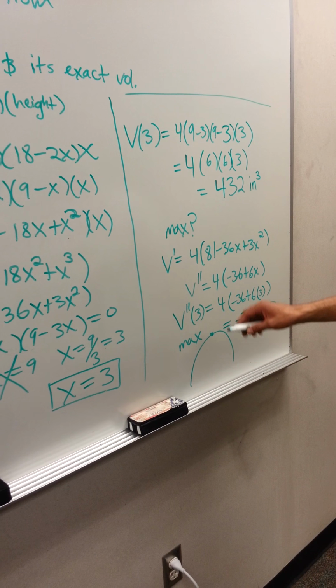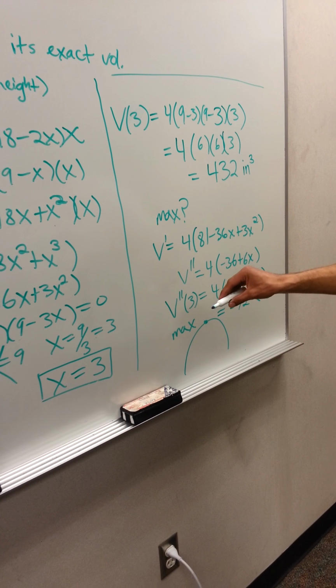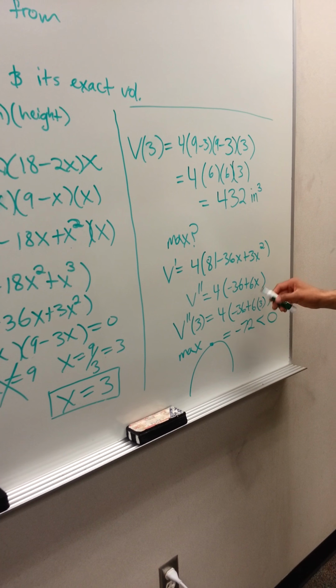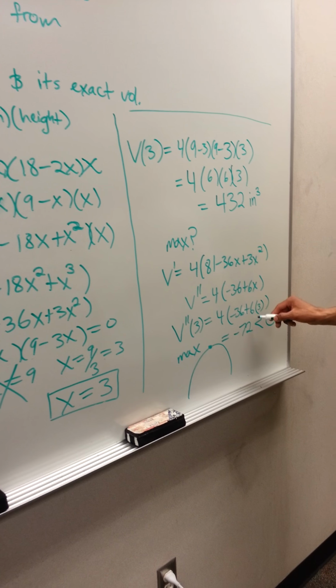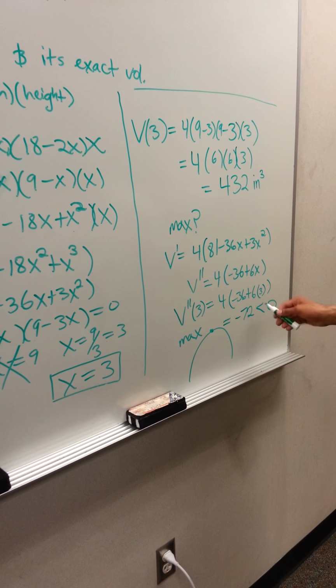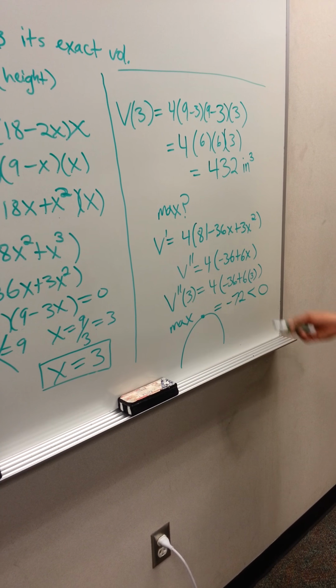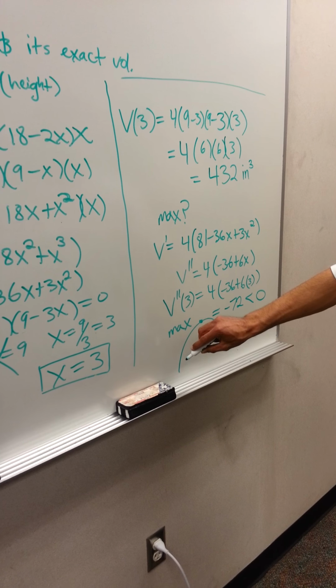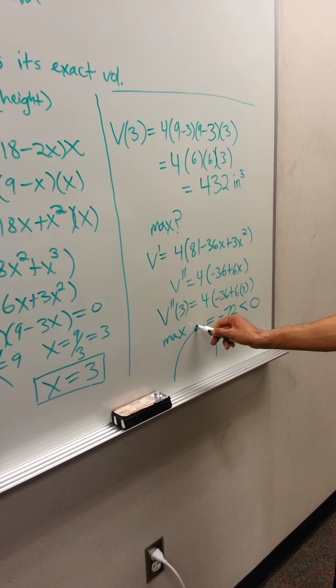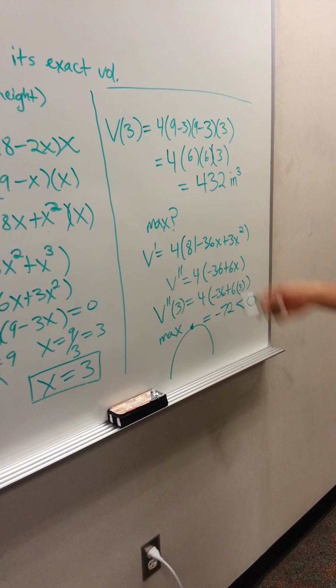I did the second derivative plugging in 3 for x, so we get 4 times negative 36 plus 6 times 3, which results in negative 72, which is less than 0. That means we have a relative max because it's concave down, so we know this is the maximum volume for this box with the open top, which is 432 cubic inches.